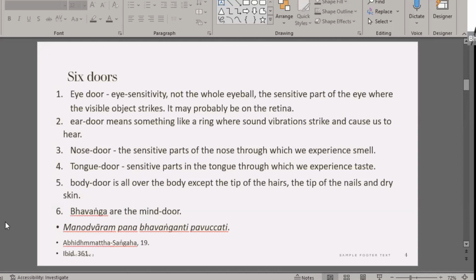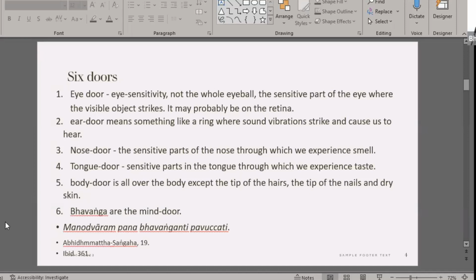So usually scholars say that the sensitive place is in that area that we call like a ring. That sensitive matter is called ear sensitivity. So in this section we call it ear door.